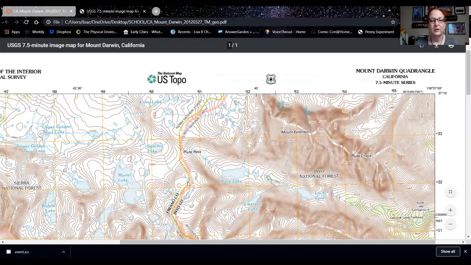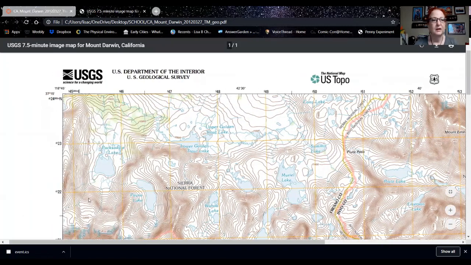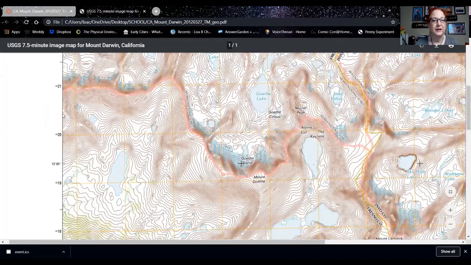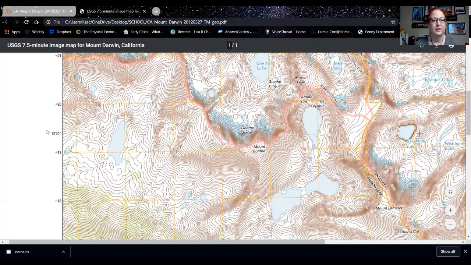And one thing you'll notice over here is that there's 37 degrees, 15 minutes. When you come down, there's 37 degrees, 12 minutes, 30 seconds. And if you move over, you'll see this hash mark.